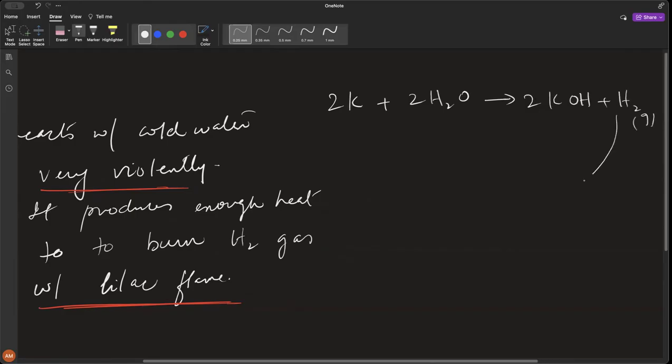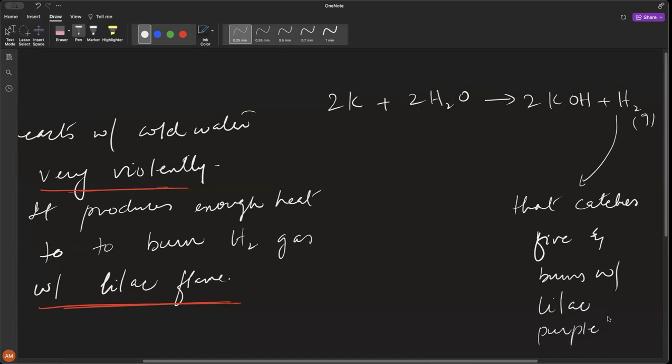So it is this hydrogen gas that catches fire and burns with lilac or purple flame. You understand?